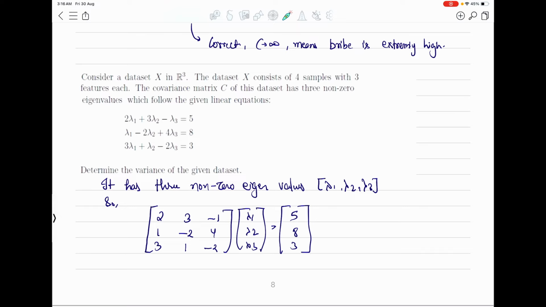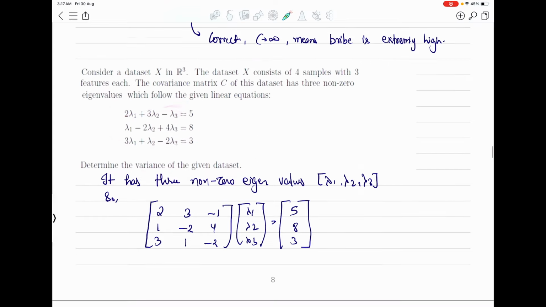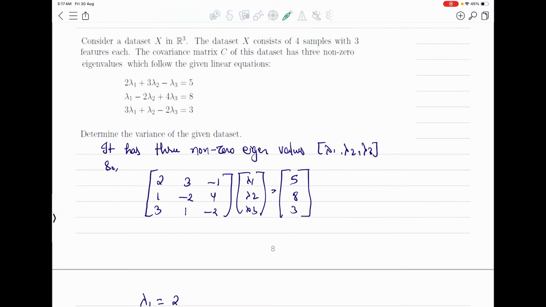Now the next question is: consider a dataset X in R cube. The dataset consists of 4 samples with 3 features. The covariance matrix C of the dataset has 3 non-zero eigenvalues which follow these linear equations. Determine the variance. So what we have to find is the variance.